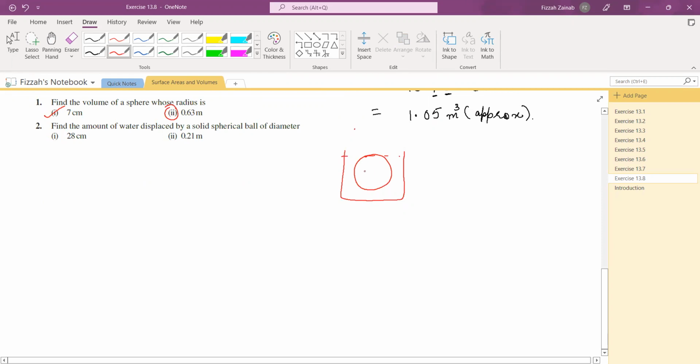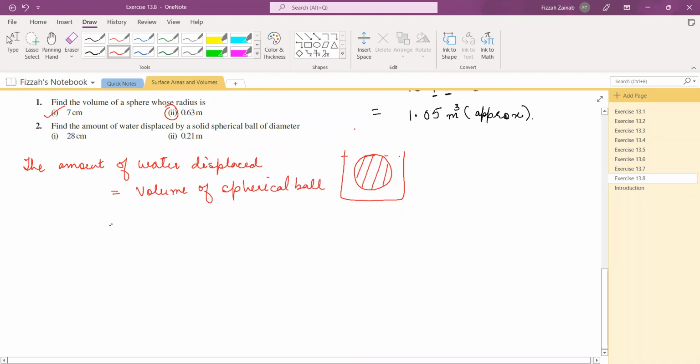That water will be equal to the volume of this spherical ball, isn't it? Yes, Hamna? So you will write the amount of water displaced will be equal to the volume of the spherical ball.